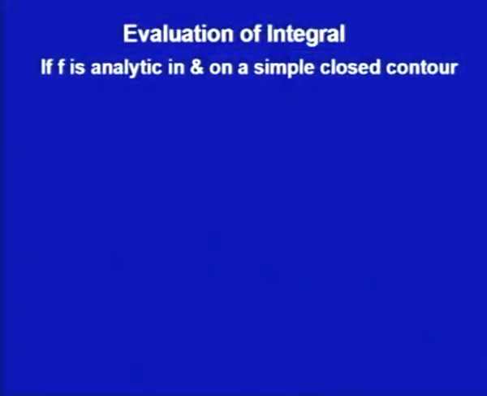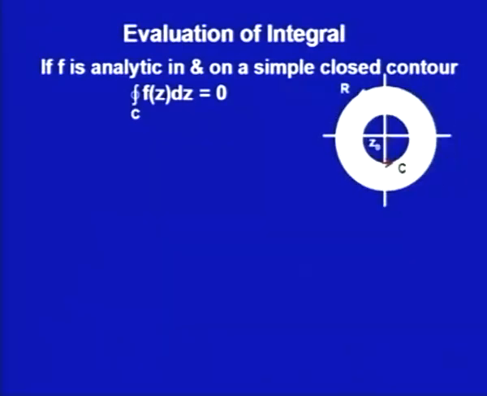So, we had learned that if f is analytic in and on a simple closed contour C, then the integral of that analytic function f along that closed contour C is 0. Now what if the function is not analytic overall, inside C and on C, but we do have a singularity in the interior of C?